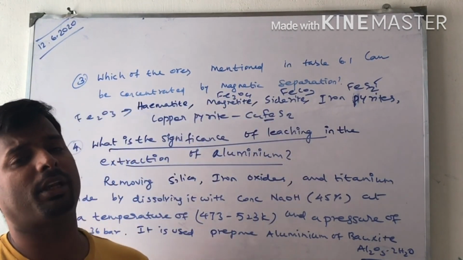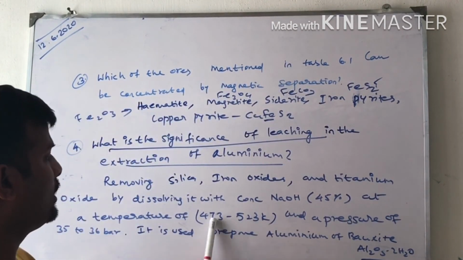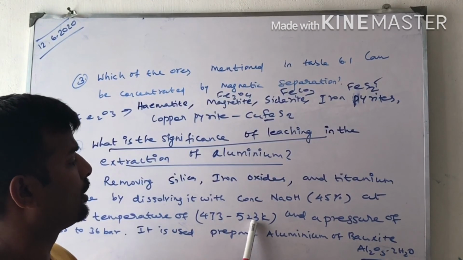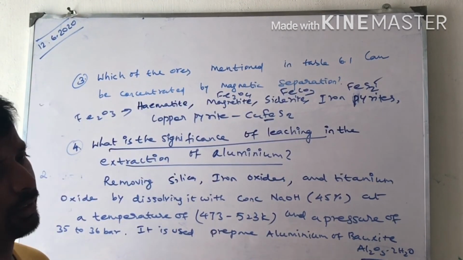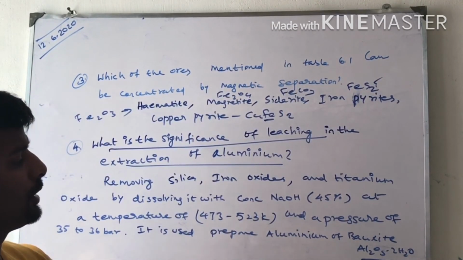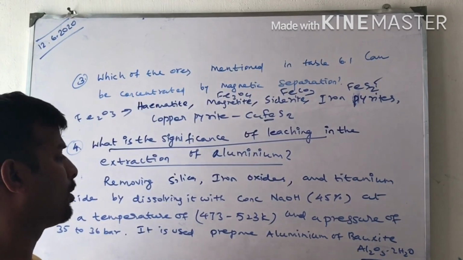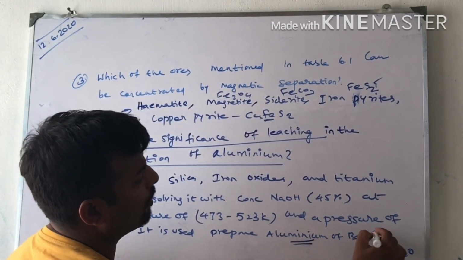During filtration, we can remove the ore from the impurities. The temperature is 473 to 523 Kelvin because aluminium is a more reactive metal, therefore the temperature for melting is easy. And at a pressure of 35 to 36 bar, we can prepare aluminium from bauxite.